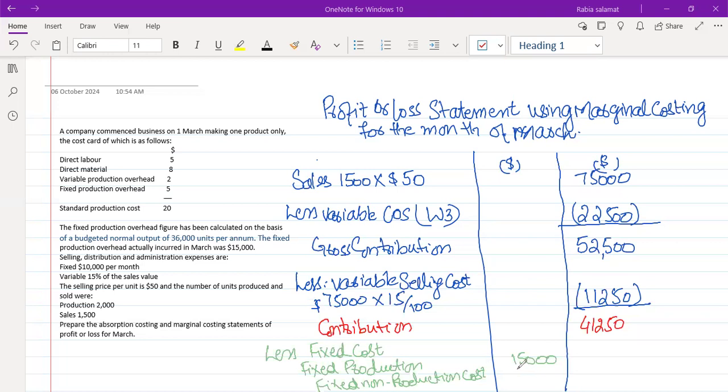Fixed non-production is 10,000 per month.